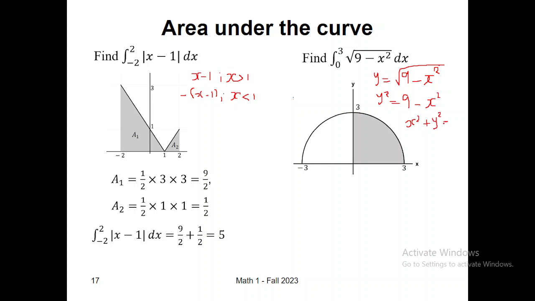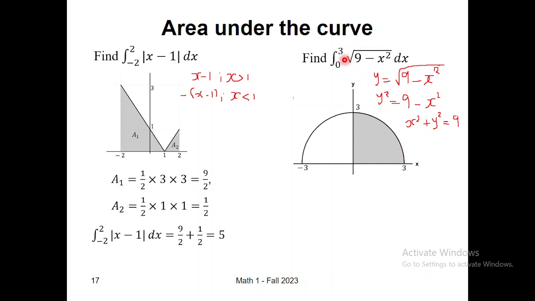It is clear that this relation represents a circle whose center is the origin and radius equal 3. But this positive square root means that we take the upper half of this circle only.